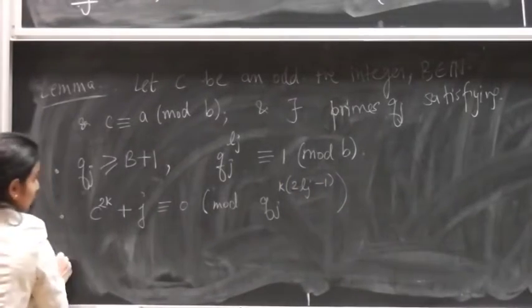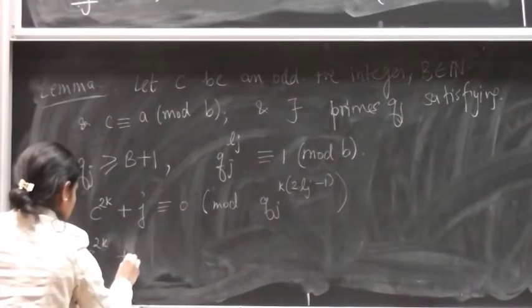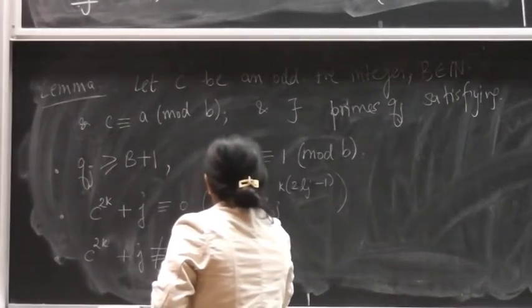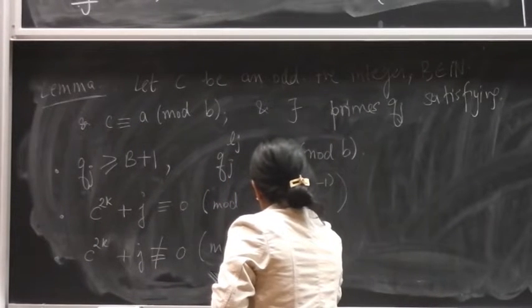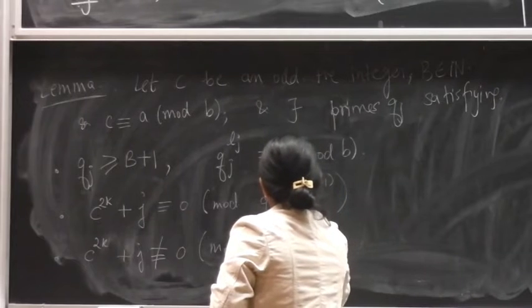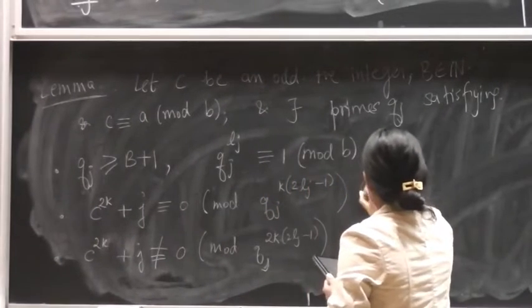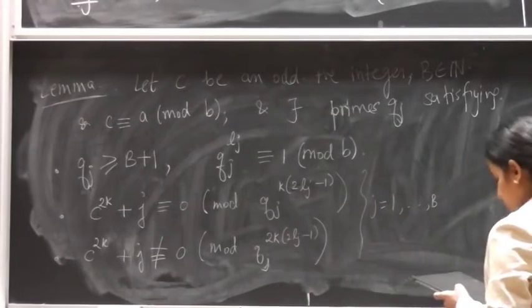However, if you change the power of Qj over here, this is no longer true, so this is not 0 mod Qj with power 2Lj minus 1, and this is for j going from 1 to B. What's Lj?